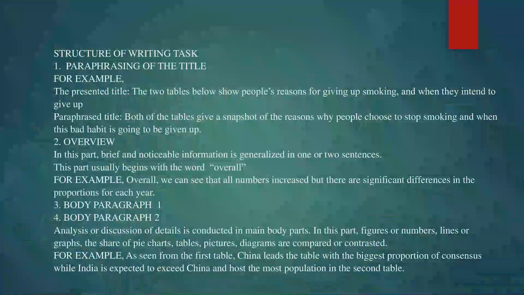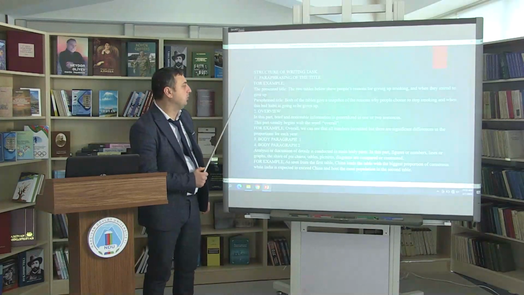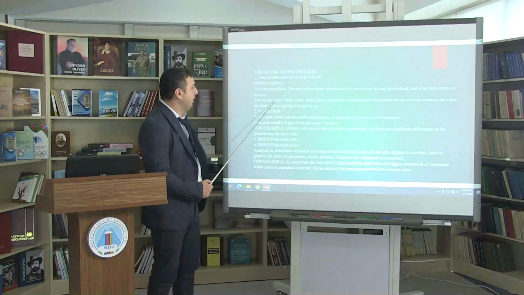The paraphrased title is: Both of the tables give a snapshot of the reasons why people choose to stop smoking and when this bad habit is going to be given up.